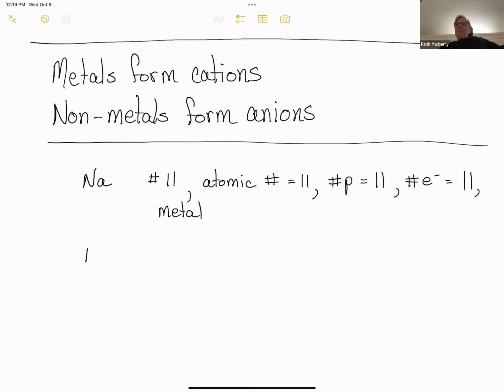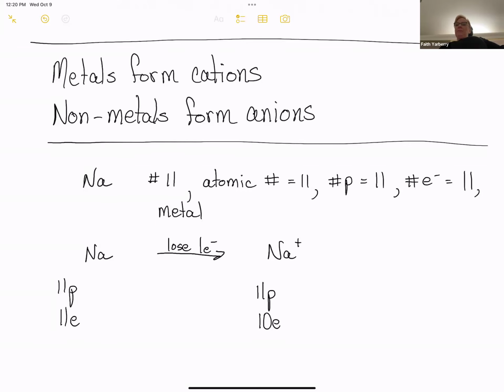So sodium, with its 11 protons and 11 electrons, is going to lose one electron to make sodium plus cation. If it loses one electron, it's going to have 11 protons still and 10 electrons.